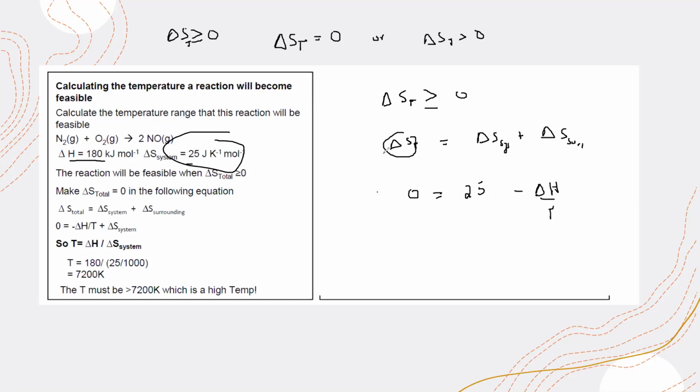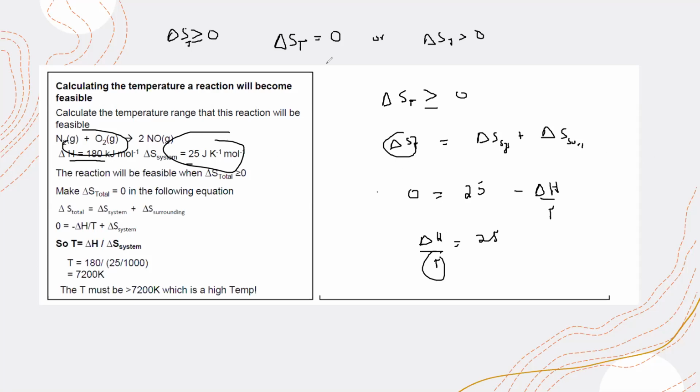And what is this delta H? Delta H is given, 180. So I just have to solve. I can move this to the other side. So delta H by T is equal to 25, and if I need T, it is delta H divided by 25.